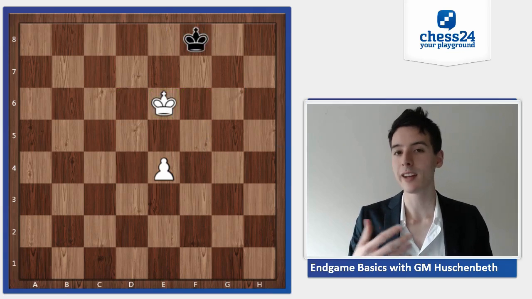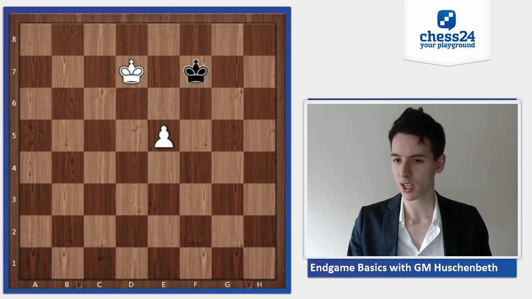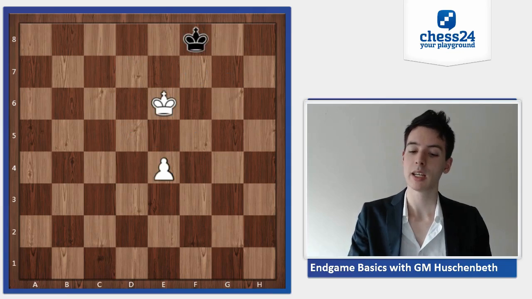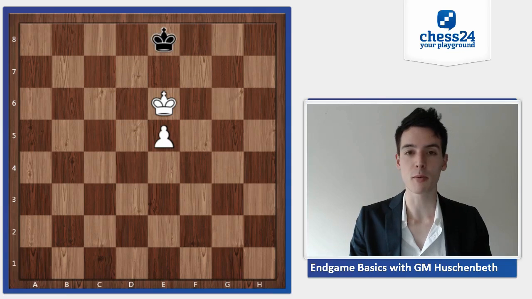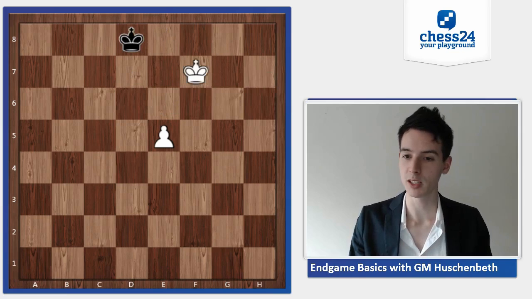King f8. Now, of course, white could also play king d7, and we would reach the same position we just saw. But just to illustrate for you, black reaches the opposition here, but he is still lost, and I'll show you why. So if it wasn't white's move now, then we would just have the same thing we already saw. It's really straightforward.